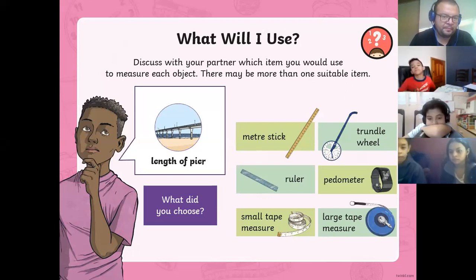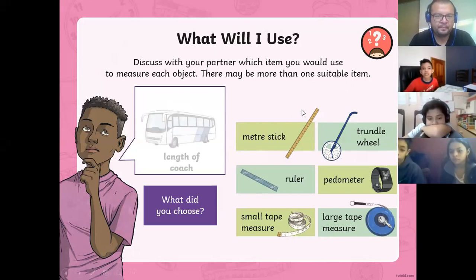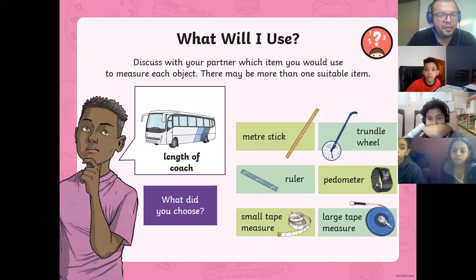Let's see another one. Length of a coach. What are you going to use? Large tape measure. Could be both, the small tape measure and the large tape measure. Could be both.